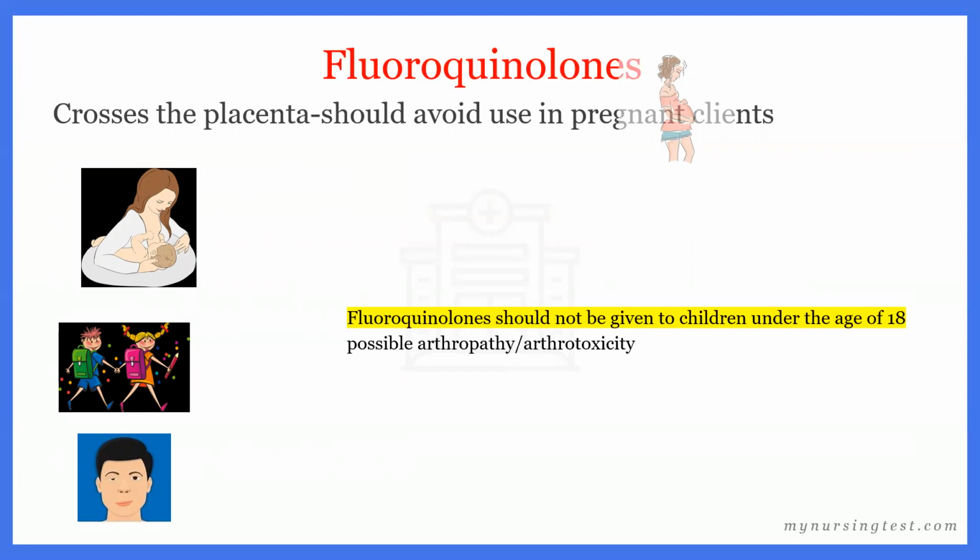So for that reason, we don't want to give it to children. And we also don't want to give it to someone that has myasthenia gravis because it can cause an exacerbation of the symptoms if it's given to someone that has myasthenia gravis.